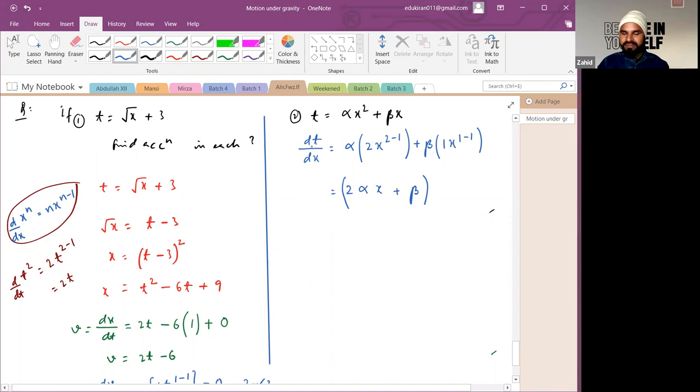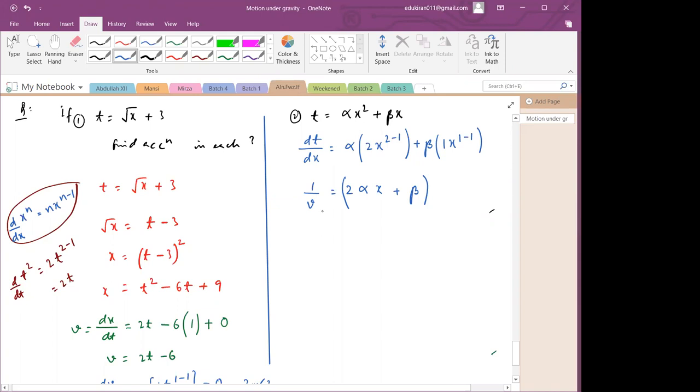Now, on the left-hand side, we have dt over dx, while velocity is dx over dt. But in this part, we have dt over dx. So we can write it as 1 over velocity. Ifra, is it clear? Yes, sir.